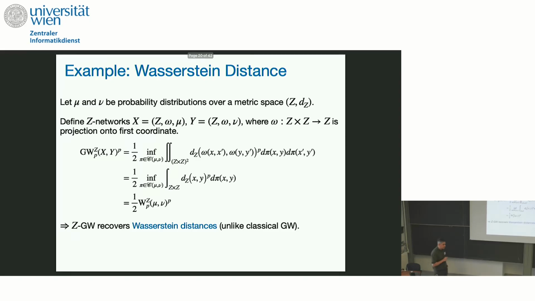Yes? Yeah, so in order for Wasserstein to make sense, that's the case. If you have two measures on the same space, you can construct these Z networks, which will recover the Wasserstein distance.